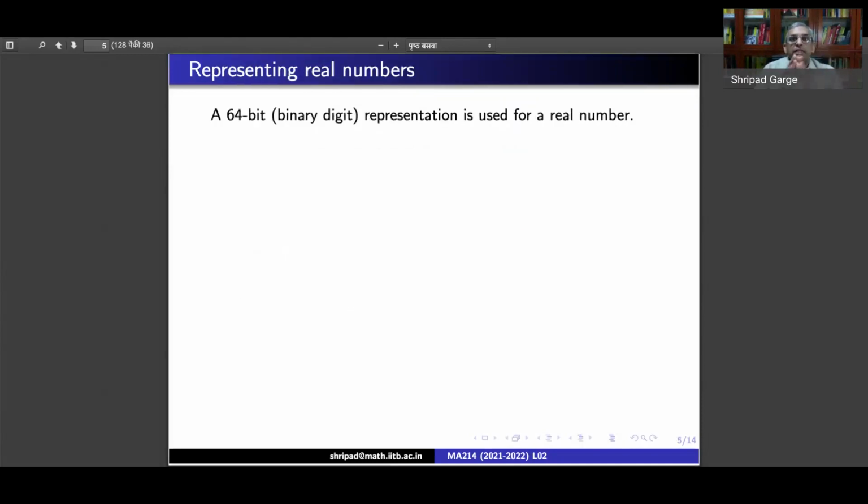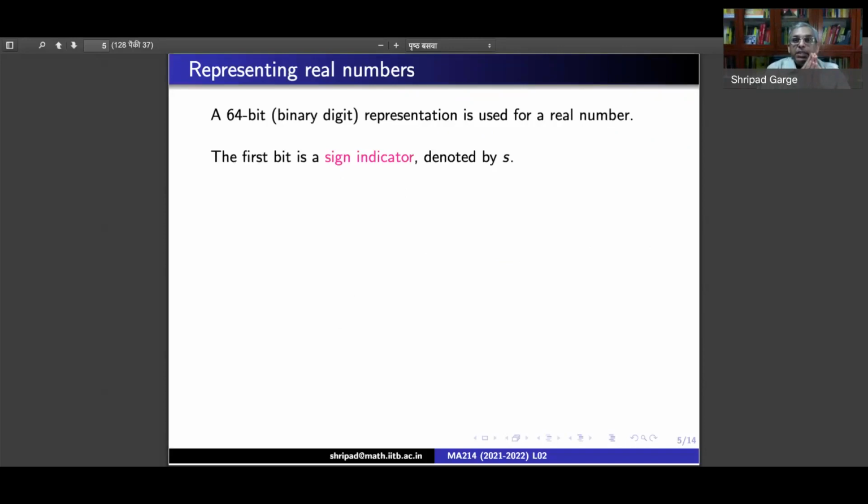So we will have a 64-bit representation. So there will be these binary digits, 64 many, and this representation is used for a real number. Out of those 64 bits, the first bit, so bits are either 0 or 1, being the binary digits, is a sign indicator.